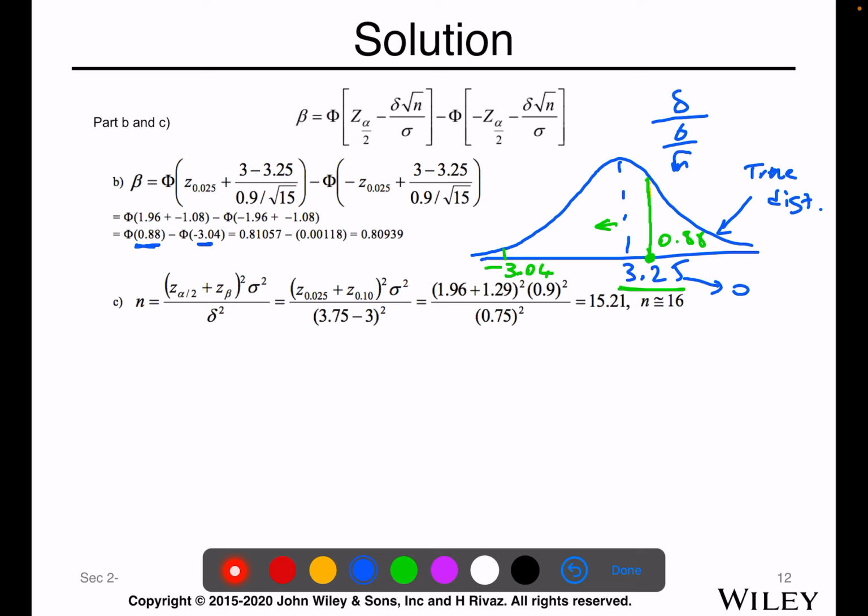Okay, so we're doing 3 minus 3.25. Is it not the other way around because 3 represents mu naught? I see. Yeah, that's a good point. Because when we gave this equation, we said that delta is positive, right? And here delta is not positive.